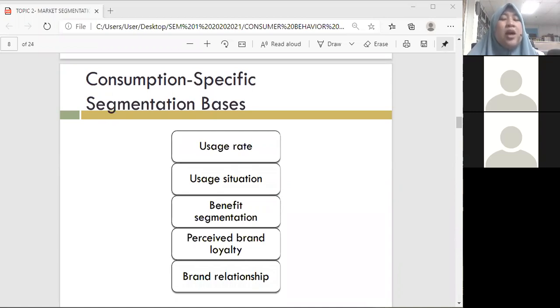And the next one, we have perceived brand loyalty. Perceived brand loyalty means a certain segmentation basis is based on the brand loyalty of the customer. So when they already stick to one brand, they wouldn't move to another brand, because they feel very comfortable.